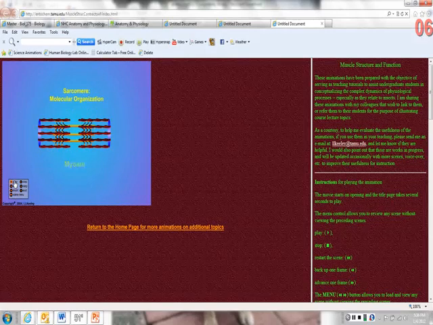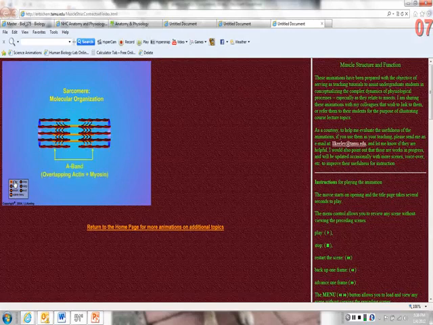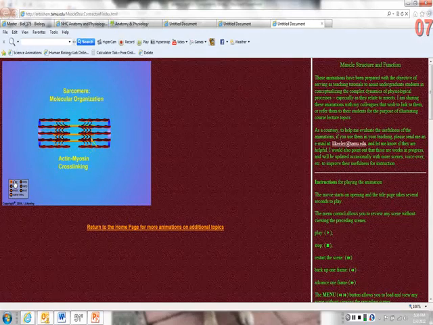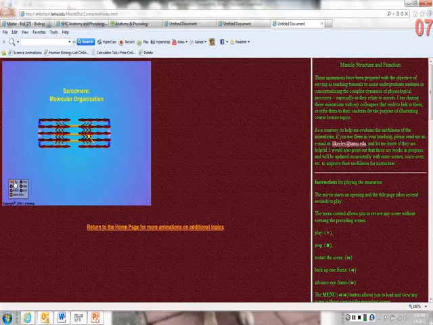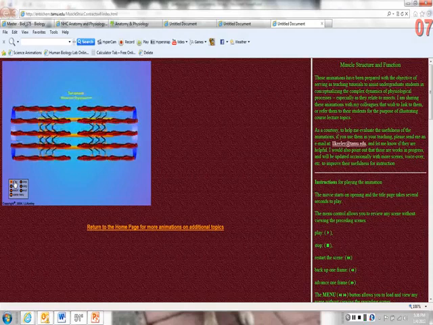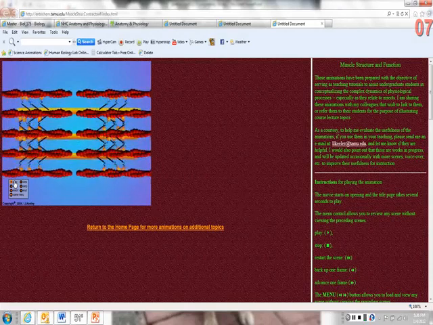So when we enlarge it here, we can see that the actin is a little bit more helical shaped, the myosin a little bit more golf club shaped. And then again we can see the sarcomere shortening here.